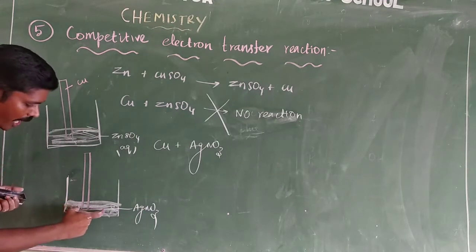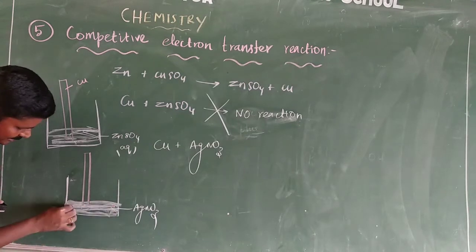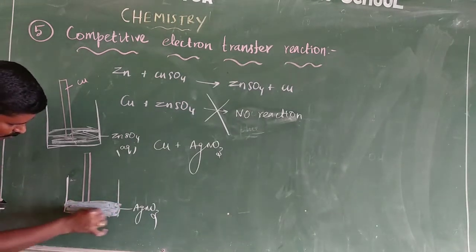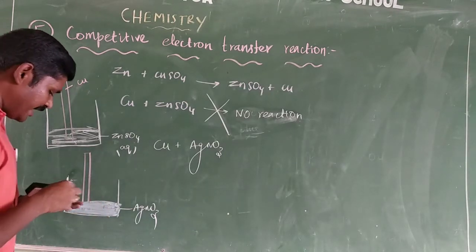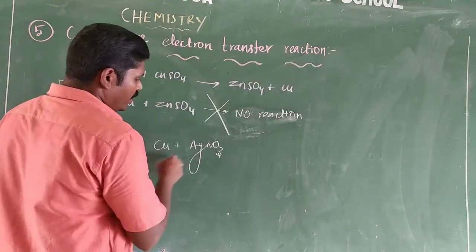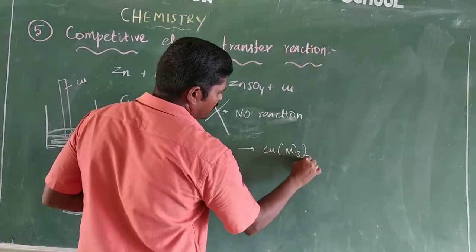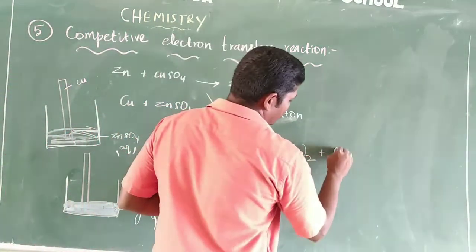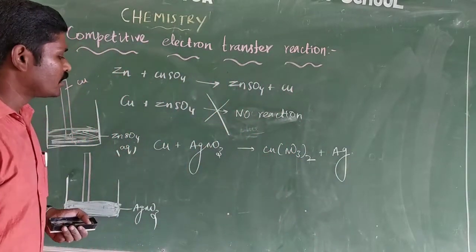Observe the solution. The intensity of the blue color increases. So the reaction is carrying on. Copper is converted into copper nitrate solution, and the silver ion to silver metal.